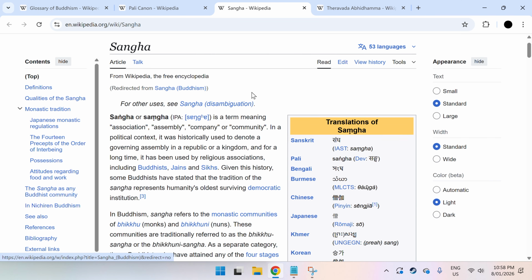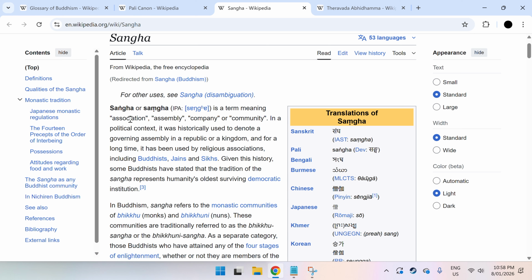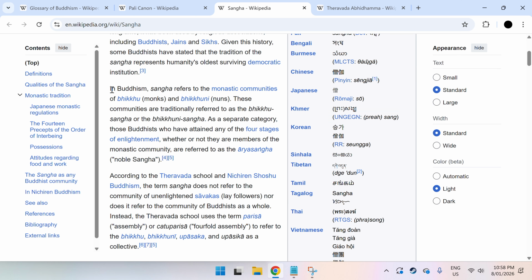So I've got Sangha, a term meaning association, assembly, company, or community. In a political context, it was used to denote a governing assembly in a republic or kingdom. But yeah, in Buddhism, Sangha refers to monastic communities of monks and nuns. So there you go.